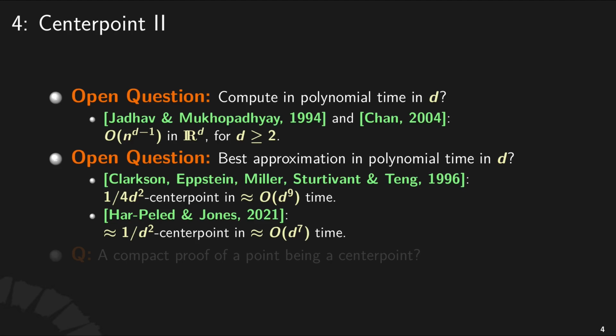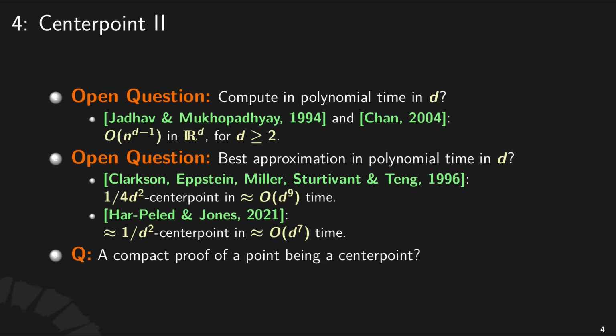To remind you, the best center point is roughly 1 over d. So there is a big gap by a factor of d between the approximation and the best that exists. And recently, we slightly improved the quality of approximation and the running time.